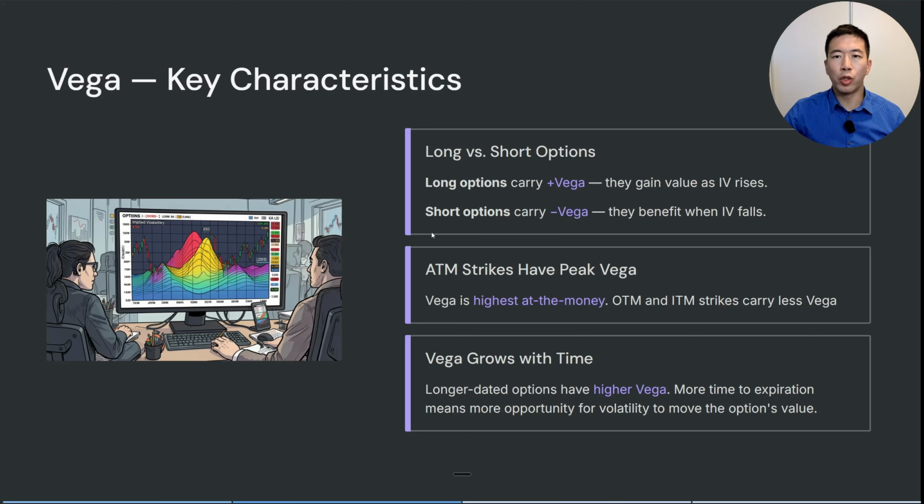However, we are usually short option sellers and we want to carry negative Vega. What that means is we benefit when the IV falls. That's why we open our short strangle trades and short put trades when IV is relatively high. That's why we say we want the IV rank to be above 30 at least. We want medium volatility. Why?